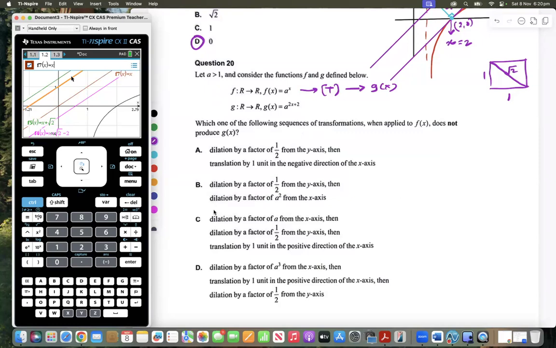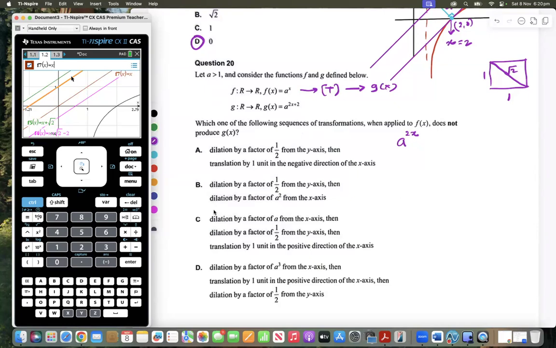Okay. Dilation by a factor of half from the y-axis. If I do it half from the y-axis, this will be a to the power of 2x, right? Then the second one is translation by 1 unit in the negative direction of the x-axis.